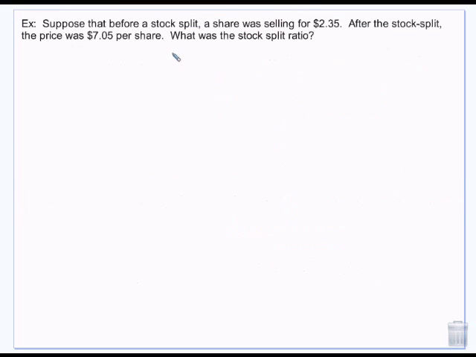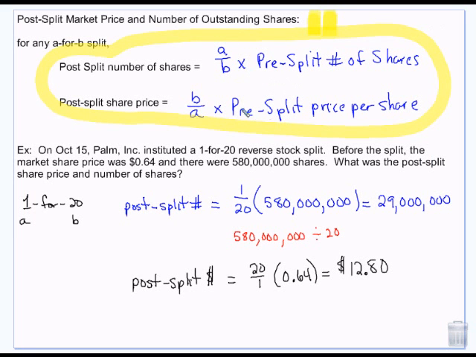Go the other way too. Before the stock split, a share was $2.35, and after the stock split, it's suddenly $7.05. And we want to know what is the ratio there, so you can figure out maybe how many shares are what. So what we can do, if we look at this formula, our post-split price is equal to B over A times the pre-split price, right?